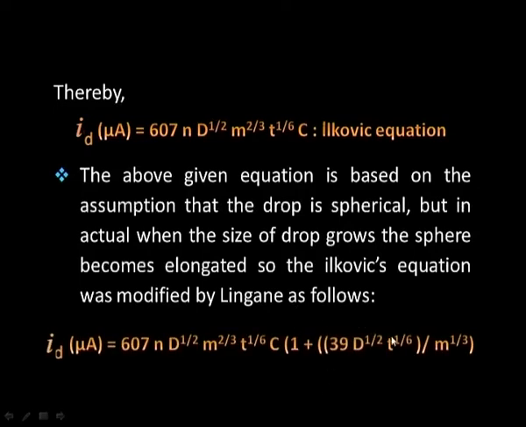Scientist Lingane modified this equation by putting an additional term to make correction for spherical to elongated shape, or you can say just to cover the change in the size of the drop: 1 plus 39 D raised to the power 1 by 6 t raised to the power 1 by 6 divided by m raised to the power 1 by 3. For more accurate measurements, Lingane equation should be used. However, for most of the general applications, Ilkovic equation is sufficient and provides good results.